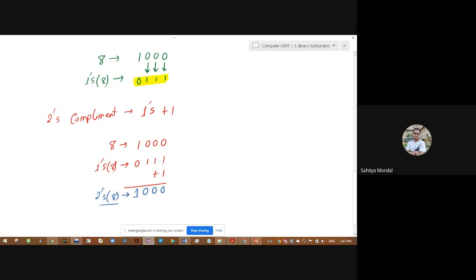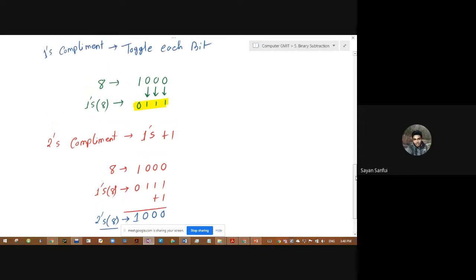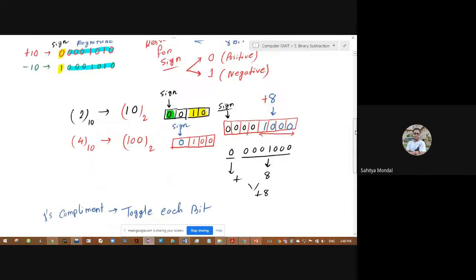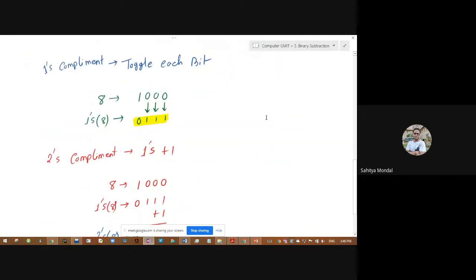Now the question is, what should we use? No, actually you have to tell the computer which one is positive 8 and which one is negative 8. So you have three options.